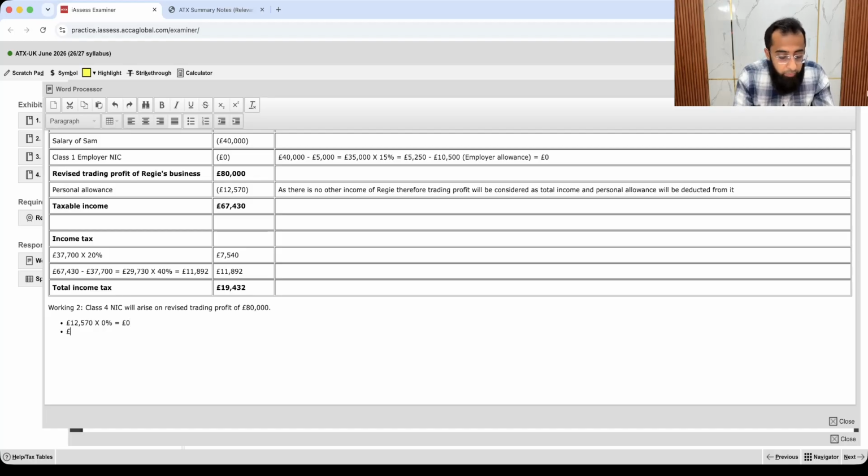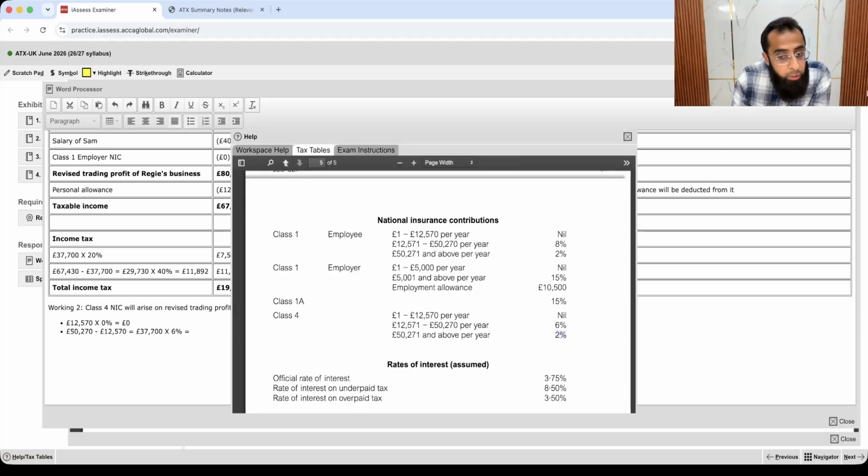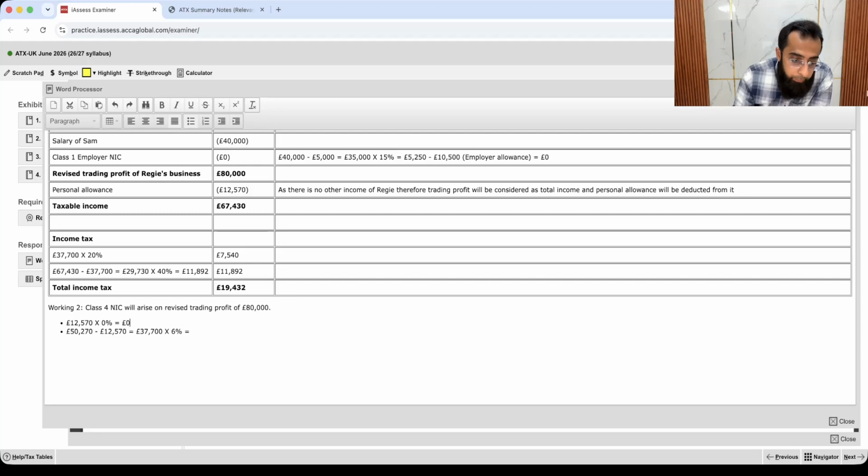Then 50,270 minus 12,570. On this 37,700, the rate of class 4 NIC is 6%. I'm just following the rates. So how much will be the amount on it? That gives me 37,700 into 6%, 2,262.